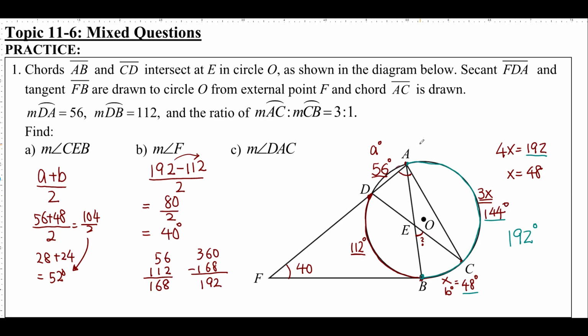Angle A is an inscribed angle, with the vertex on the circle, so we need to find the central angle, which equals the measure of the arc from here all the way down here. 112 plus 48 equals 160.